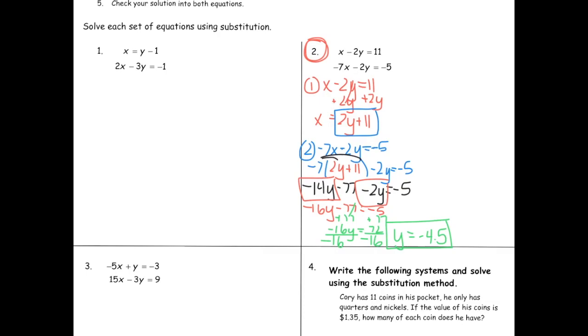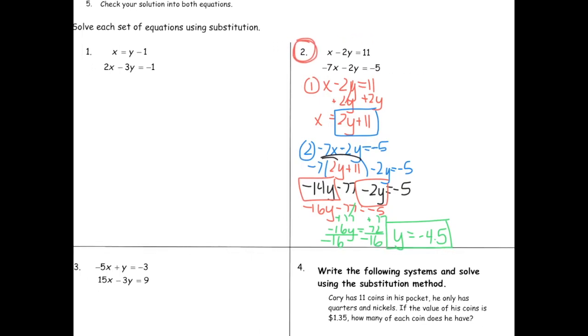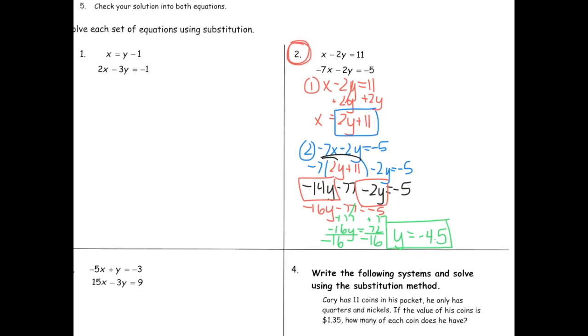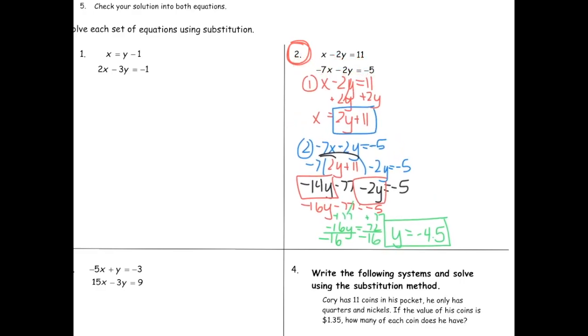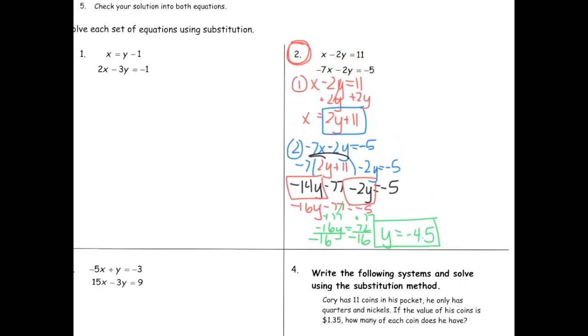Okay, now we don't know if that's right yet until we check our answer. So let's keep going. Now on this side of town, I'm going to section it off so I don't get confused. We now know that y is equal to negative 4.5.